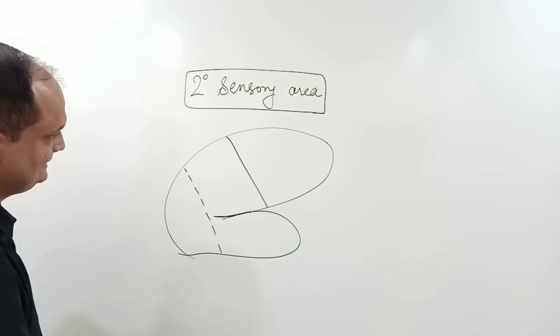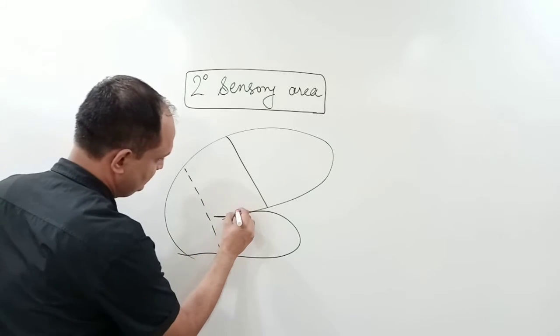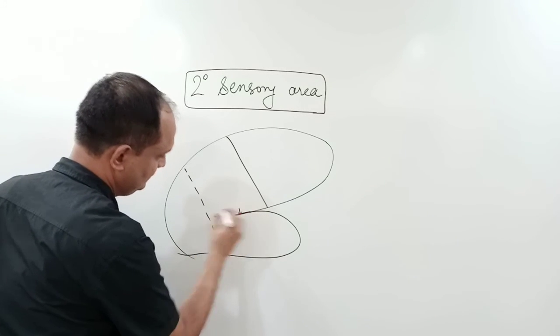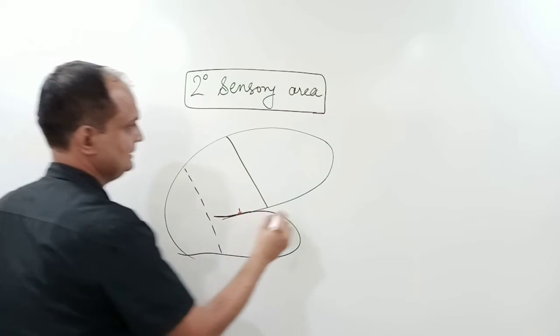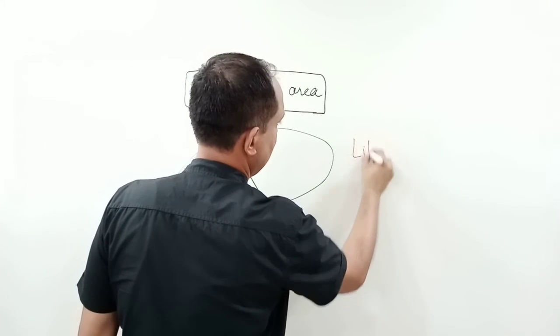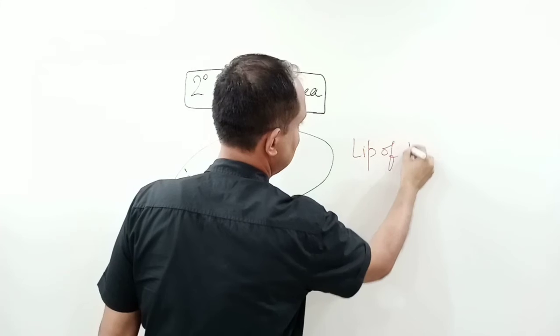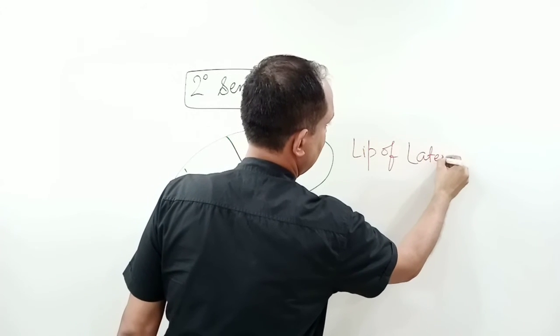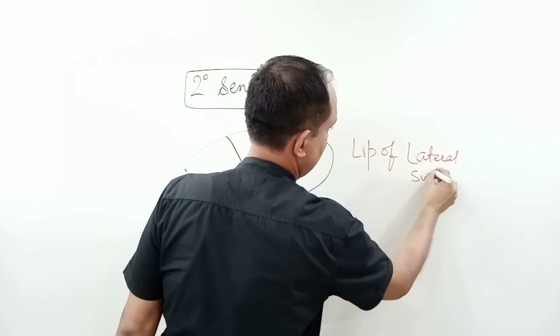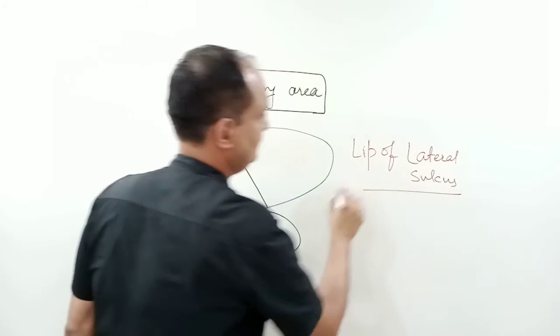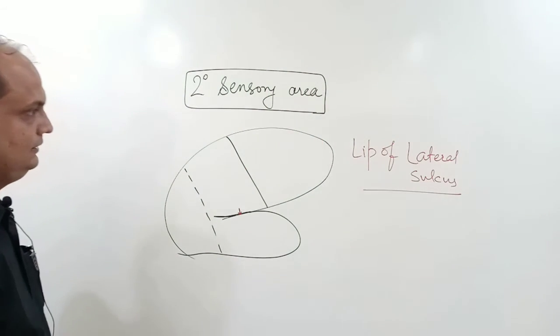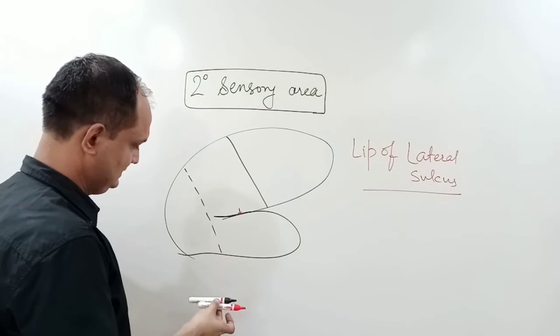This secondary sensory area is seen in the lip of the lateral sulcus. It is buried in this area. Suppose this is the lateral sulcus.